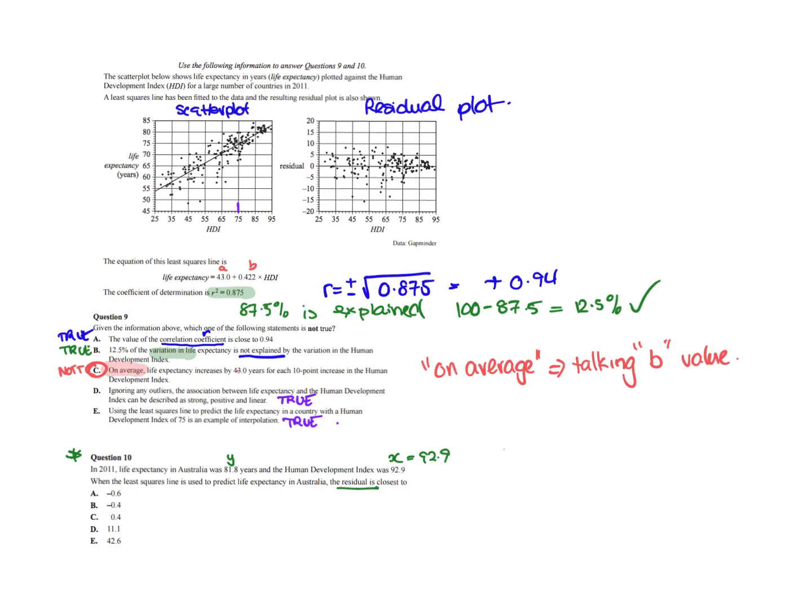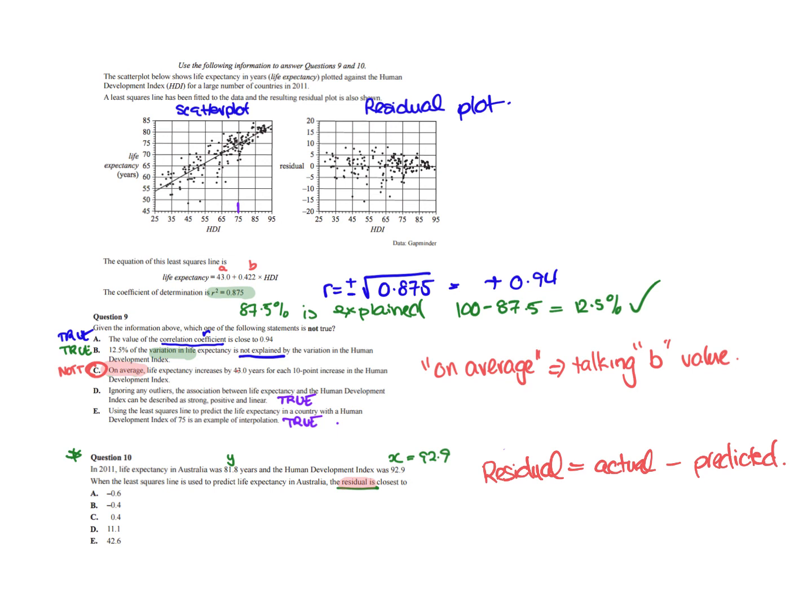As soon as you see you've got to find the residual, you should be writing out that formula: residual equals actual minus predicted. Actual is either given to you, or you can see it as a dot, or in the table of values.